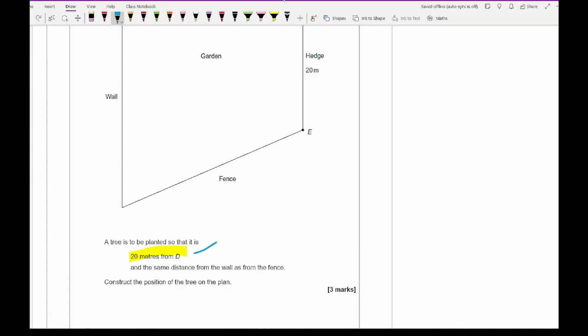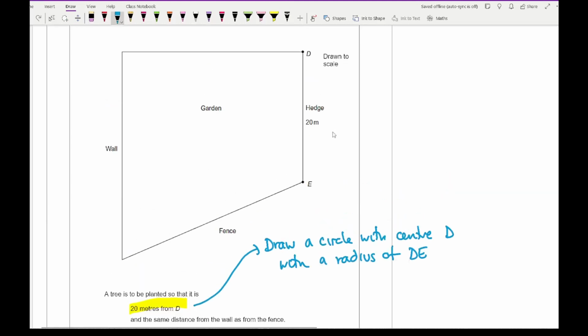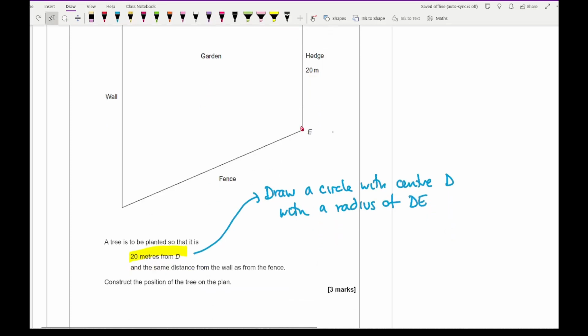So if I just write down here, what you need to do is to draw a circle with center D with a radius of DE. Now there's no scale on this, so what I need to do with the compass and the pencil is set the pin on D and the pencil at E, and that should give you the radius for that particular circle you're about to do.